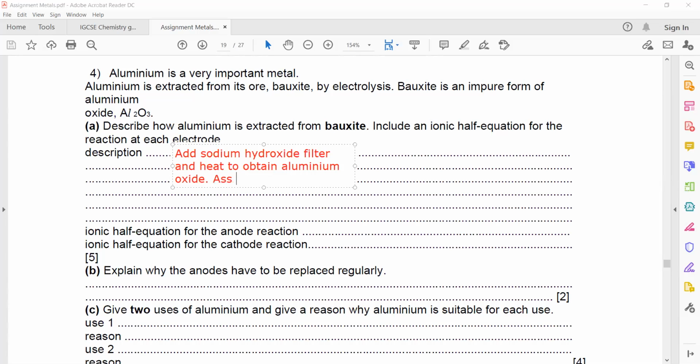Then add cryolite to lower the melting point, and use electrolysis.